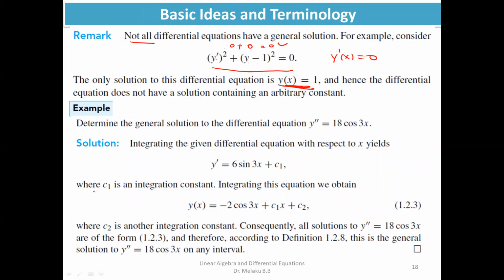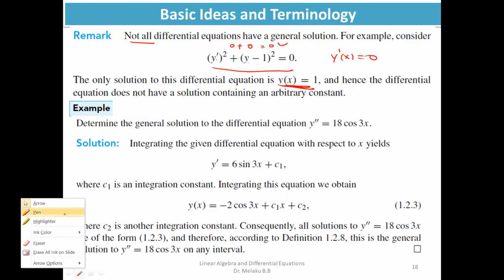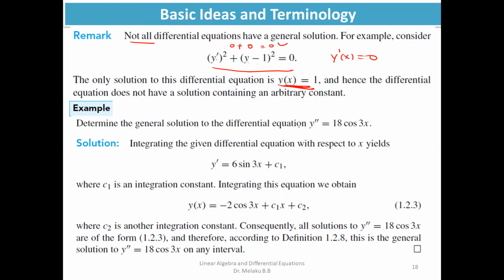Okay, let's see this example. Determine the general solution to the differential equation. It's not difficult to find the general solution for such a simple second order differential equation, where y double prime is 18 cos 3x.